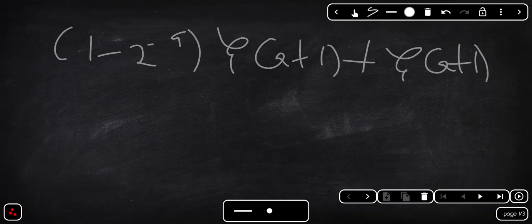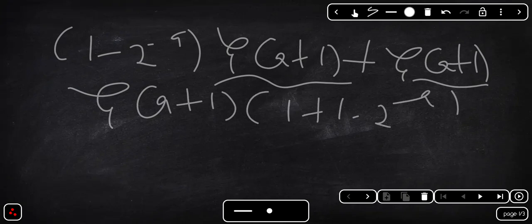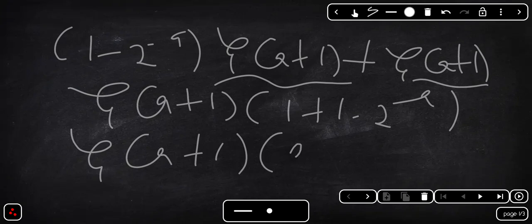We can see that the zeta function of a plus 1 is common, so we can factorize that out. I'm going to have the zeta function of a plus 1 into brackets 1 plus 1 minus 2 raised to minus a. That will be the zeta function of a plus 1 into brackets 2 minus 2 raised by 2 minus a.